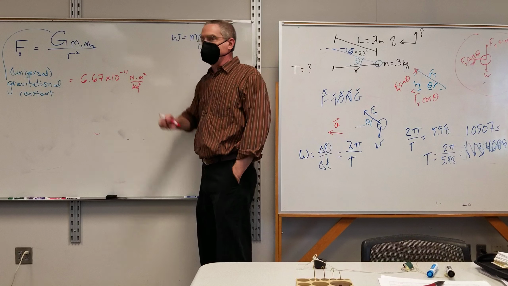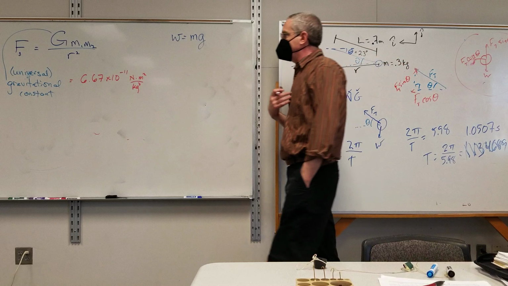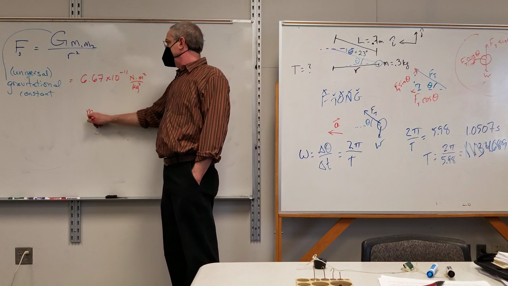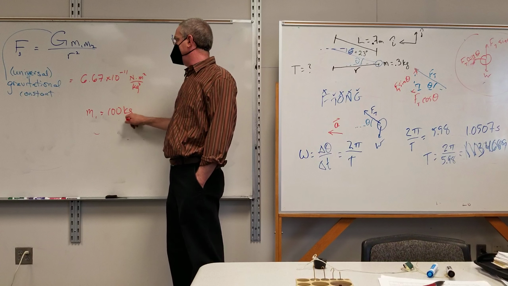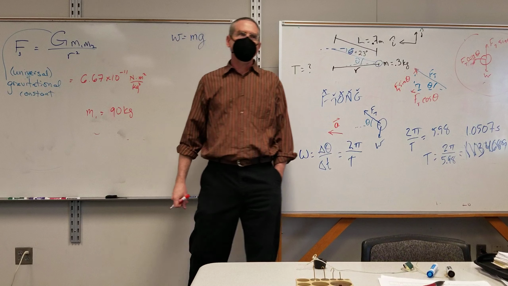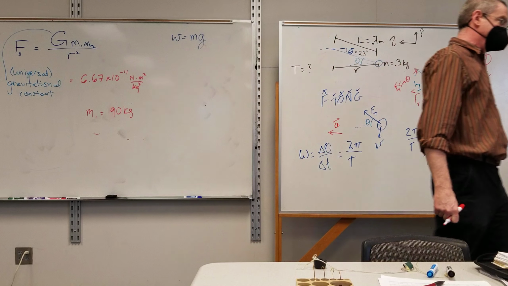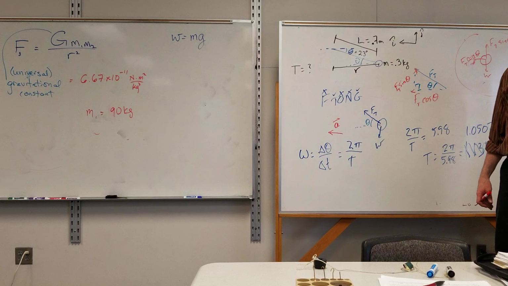All right, so if this formula is correct, there's a gravitational pull between any 2 objects in this room. So why don't we take my mass, mass 1, I'm about 100 kilograms. Actually, no, I'm closer to 90 now. I've lost all my pandemic weight. Was approaching my wedding weight, but then I started eating snacks again.